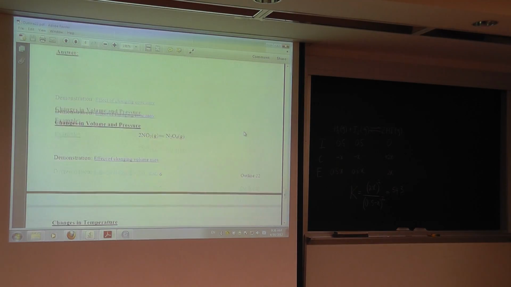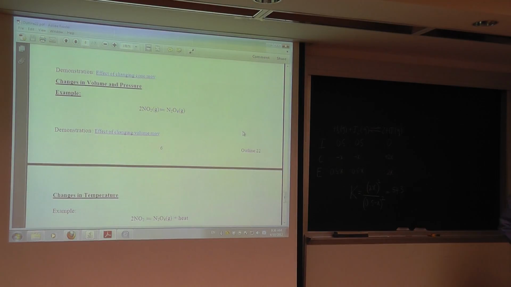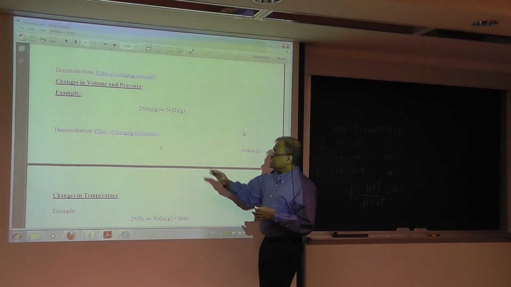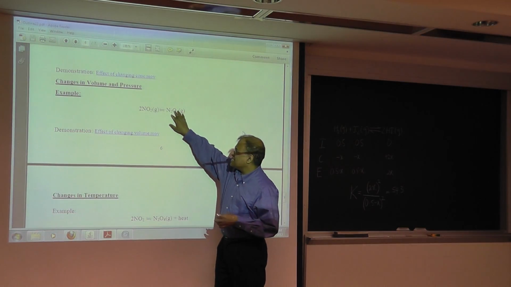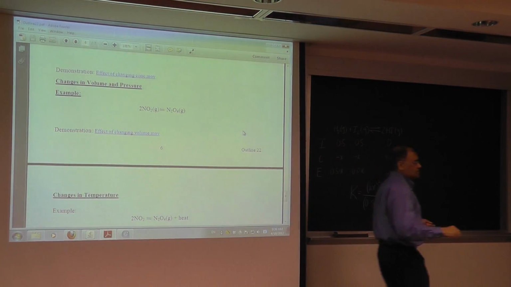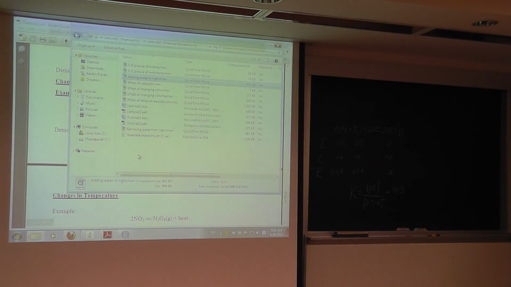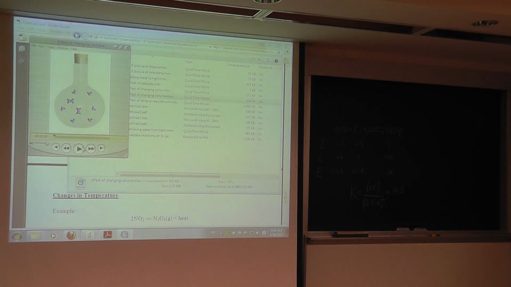A sealed flask contains 3 molecules of nitrogen dioxide for every 1 of dinitrogen tetroxide, and the system is at equilibrium.